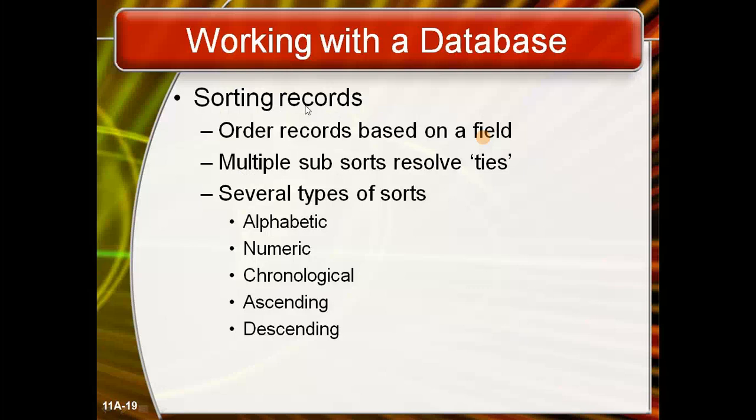Clear? Clear. Okay. Now, sorting allows you to order the records based on a field. Multiple sub-sorts resolve ties. For example, if you want to sort according to age and then according to salary, it will make a tie, possibly, if the salary could be given more to the young employee, so this will make a problem.